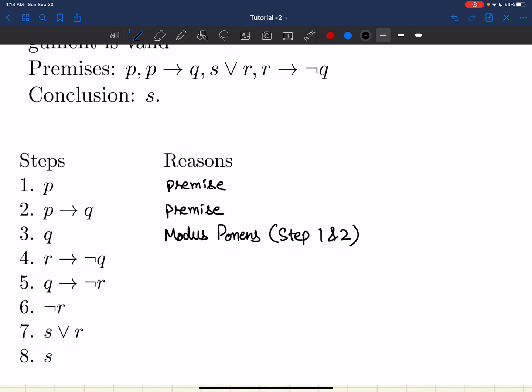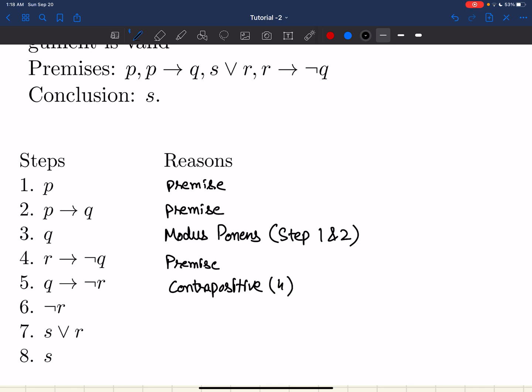The fourth step is R implies not Q. This comes from the premise. The fifth step here is the opposite of what we had in the fourth. This is contrapositive on fourth.